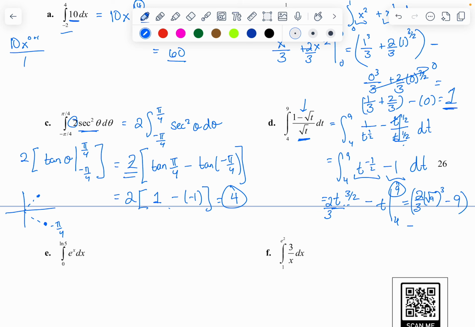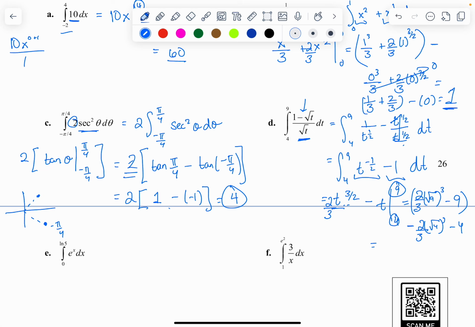And then we're going to subtract plugging in 4. So 2/3 square root of 4 cubed minus 4. Do the math. We've got 3 cubed is 27. Divided by 3 is 9.